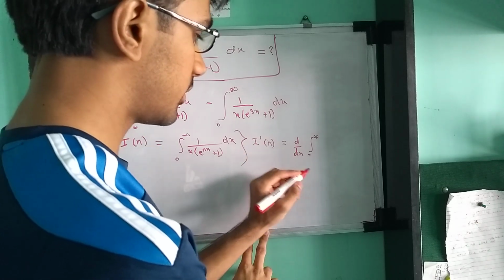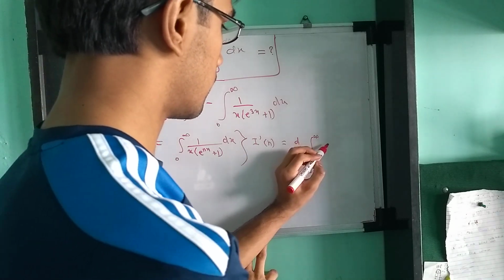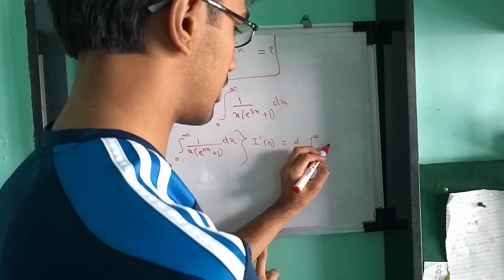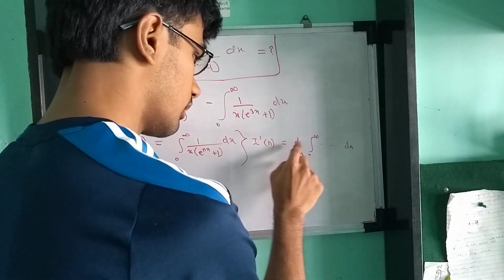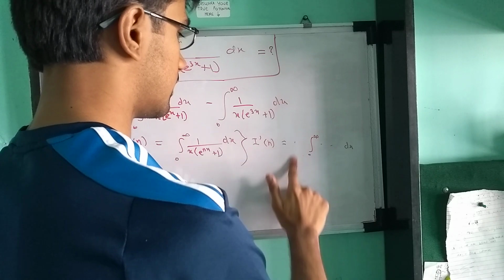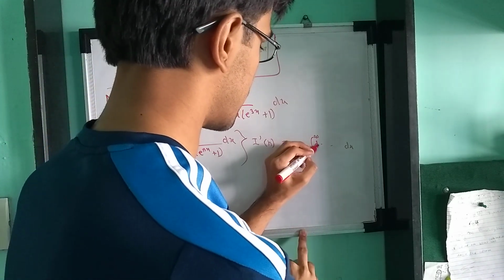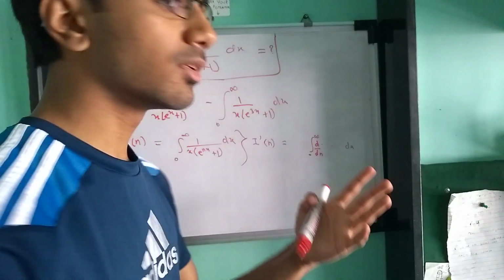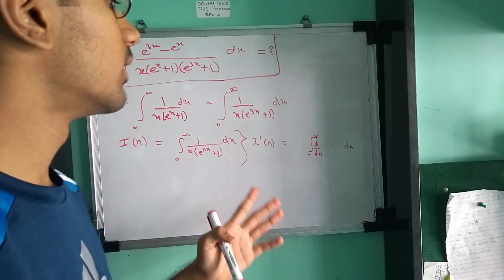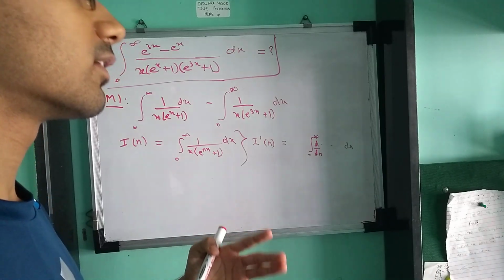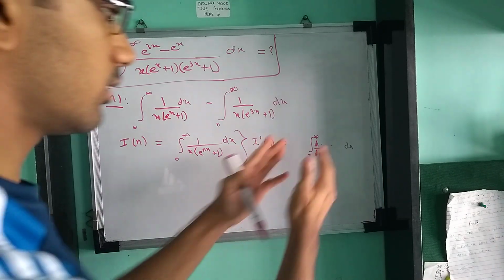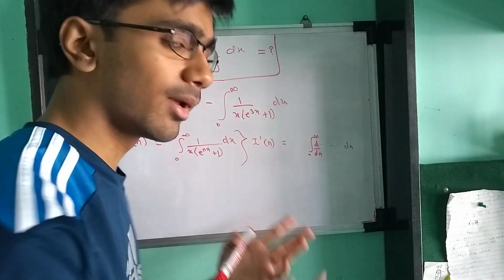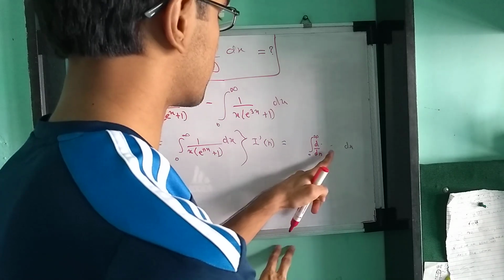So I dash n will be d by dn of the integral dx, right? The important thing is I'm going to erase this d by dn and put it inside. I want you to reason why I might have done that and why that is correct, why that doesn't change I dash n. This is equivalent to the d by dn being outside. Think about that.